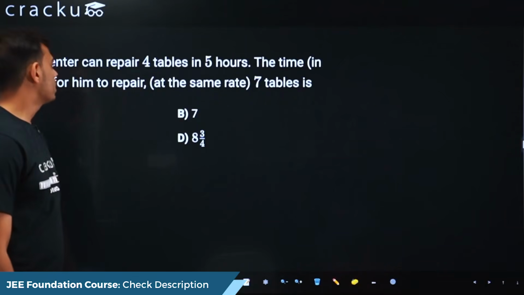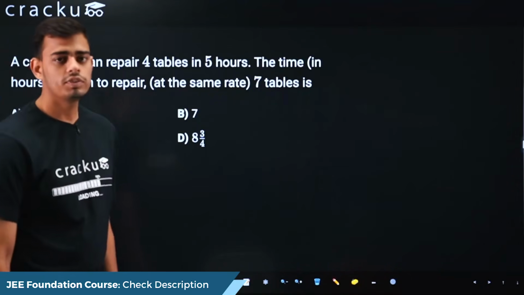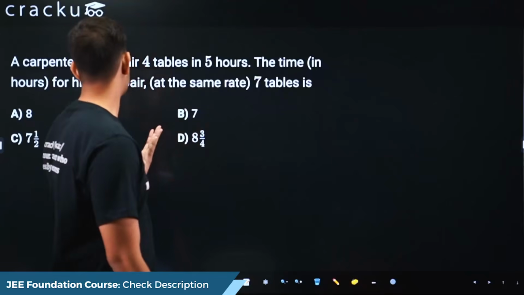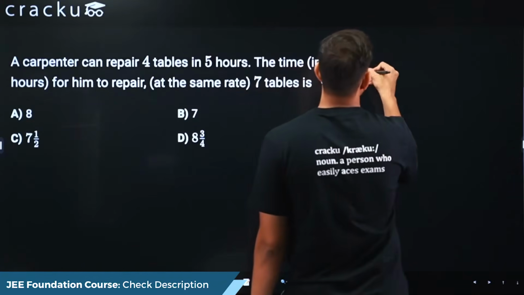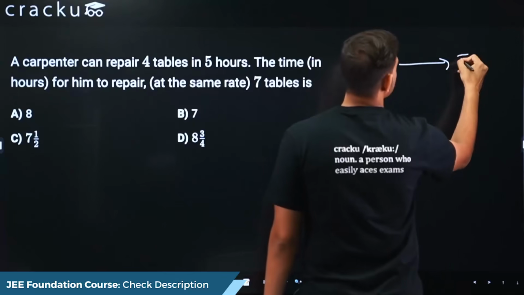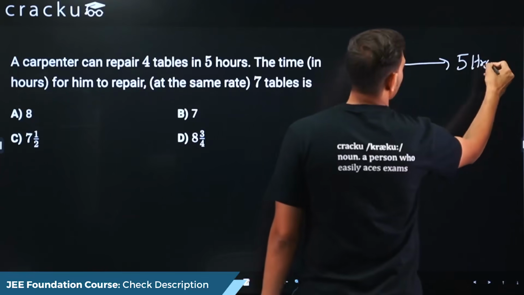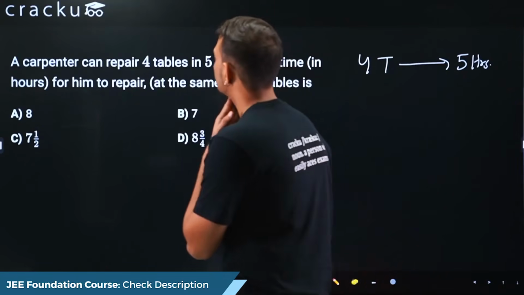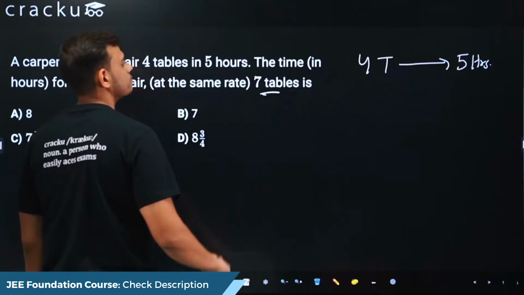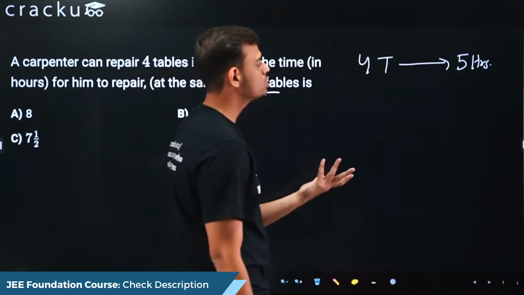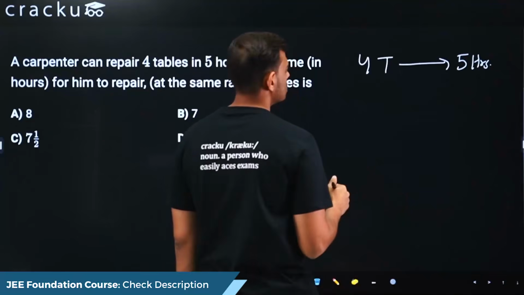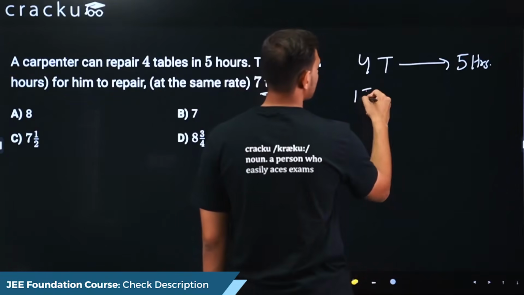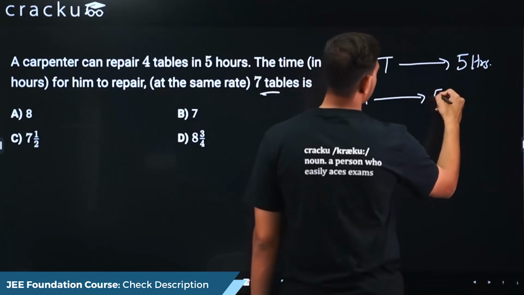In this question, we are given that a carpenter can repair 4 tables in 5 hours. The time for him to repair 7 tables. So we'll just simply use the unitary method. If 4 tables take 5 hours, then 1 table will take definitely less time, 5 by 4 hours.